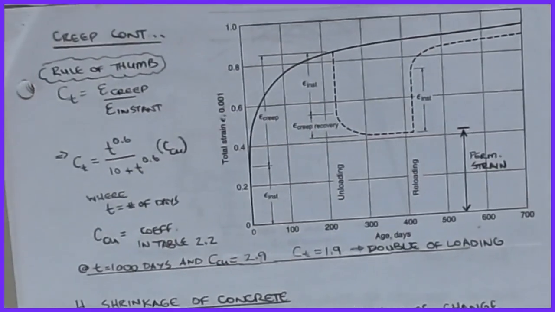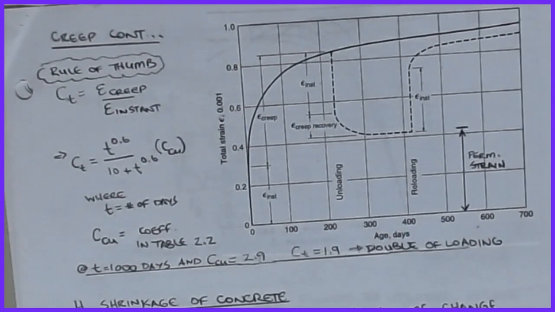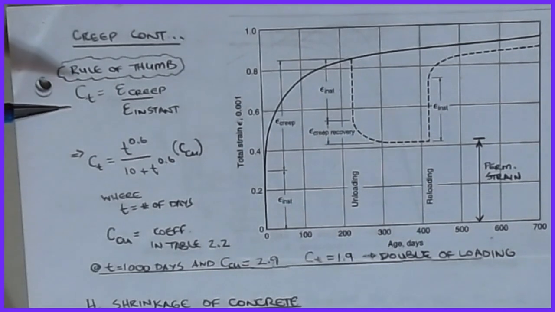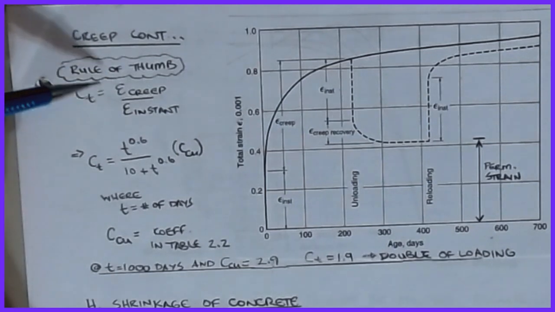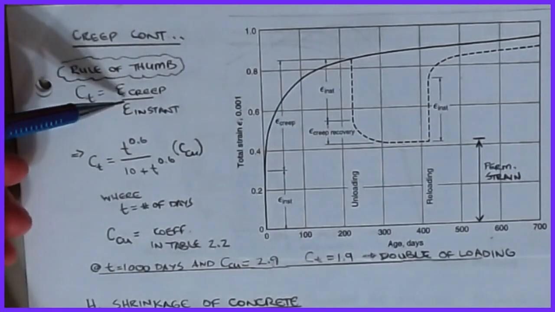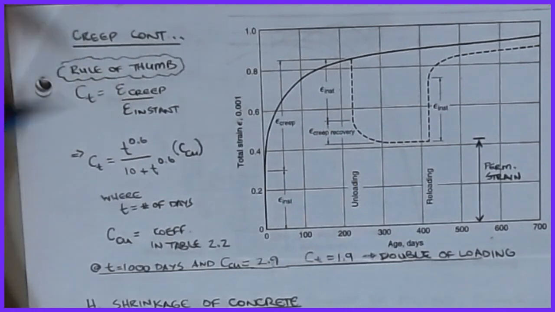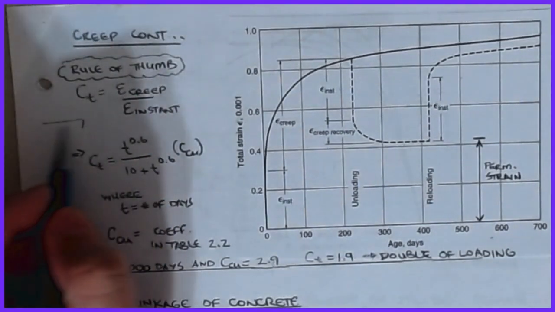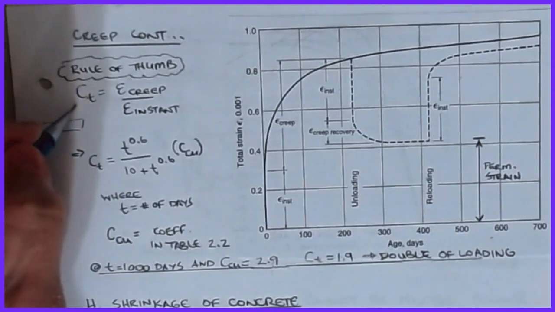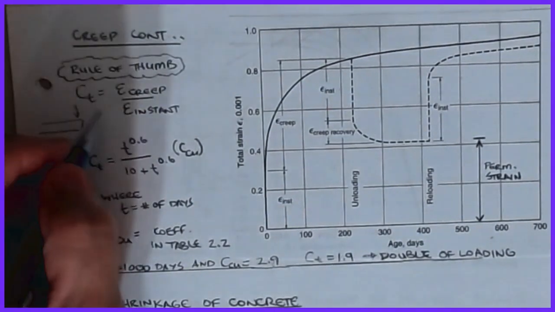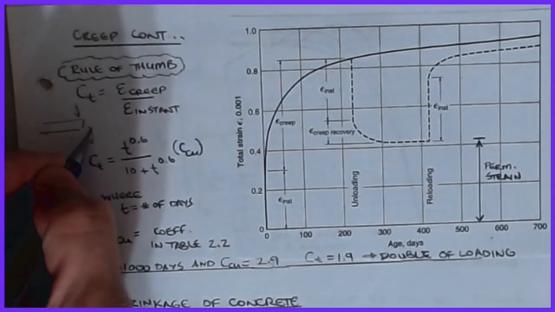As a rule of thumb, we're looking for this time-dependent factor associated with the creep of concrete. Basically, it's a ratio of the strain associated with creep versus the strain associated with the instantaneous load. So if I put a load on a beam, it's going to get some sort of deformation on its own, and that's this delta amount here.